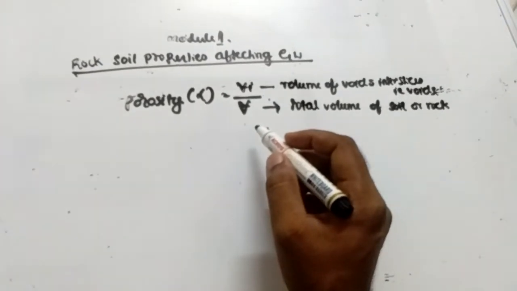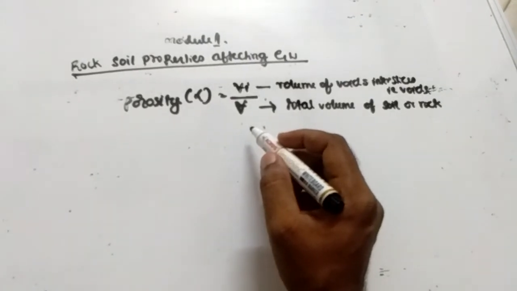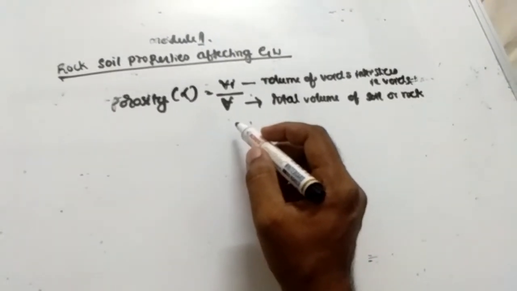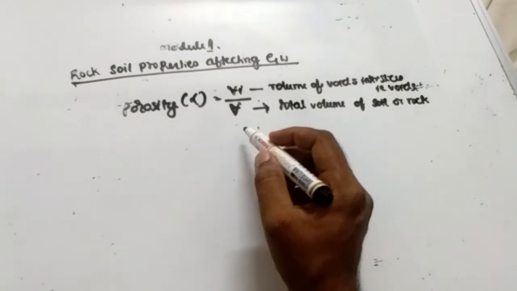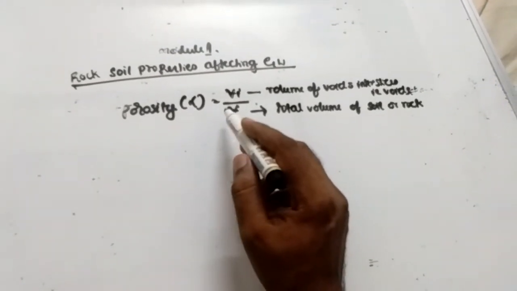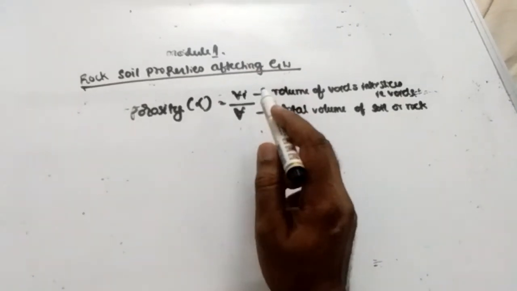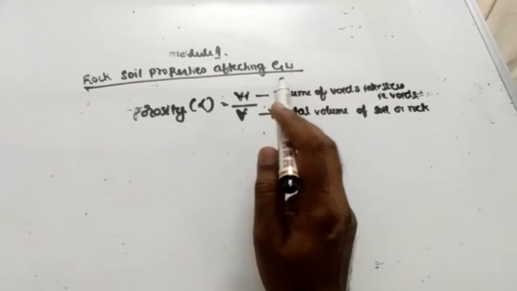Porosity ranges from 0 to 50%. In case of aquifuge, porosity will be 0. In case of aquiclude, porosity will be very low.